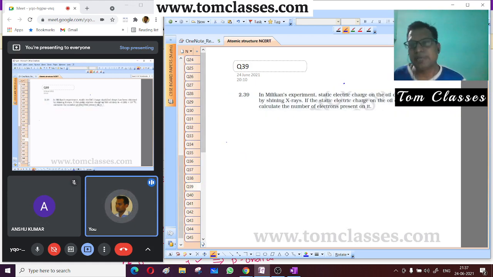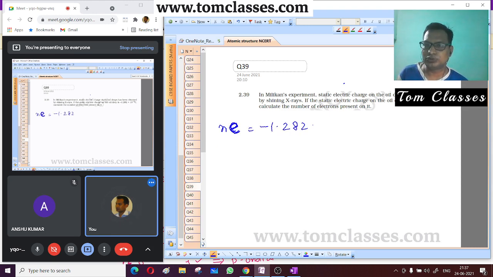Question 39. In Millikan's experiment, the static electric charge on oil drops has been obtained by shining X-rays. If the static electric charge on an oil drop is this much coulomb, calculate the number of electrons present on it. It is the same as the previous question. So n e, that is charge, is equal to minus 1.282 into 10 to the power minus 16 coulomb. The sign will get cancelled, so I will drop that sign.